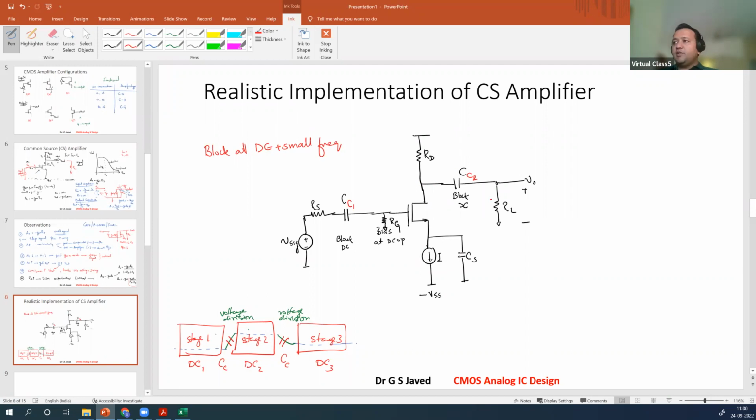It could either be RL or it could be a placeholder for the next stage. For example, if you have stage 3, the impedance or the load of stage 3 gets mimicked here. It is only mimicked; it is not exactly there. So it's a placeholder. The generic term to be added here is impedance.